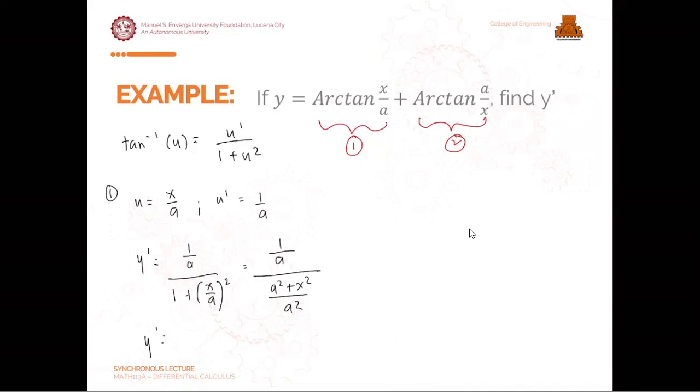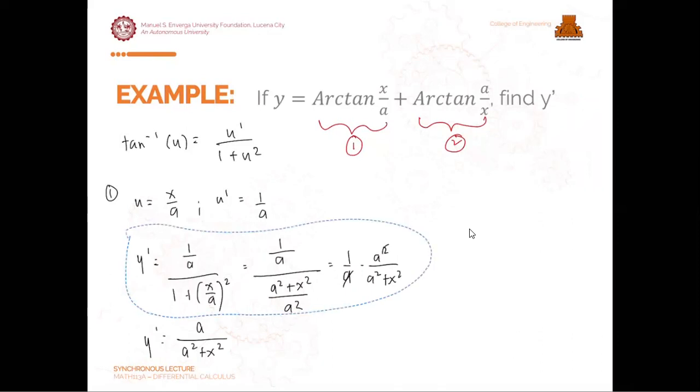Further simplify: this will be 1 over a times a squared all over a squared plus x squared. Cancel out one a. So this is a over a squared plus x squared. This is the derivative of our first term.